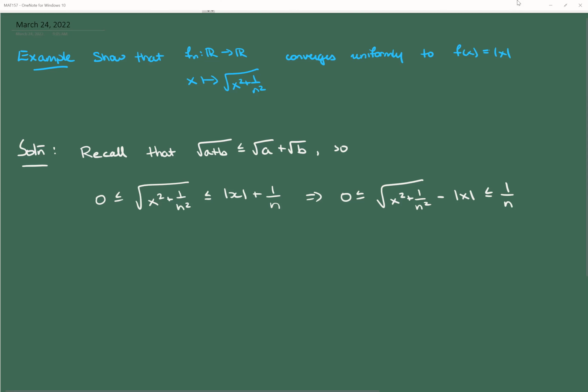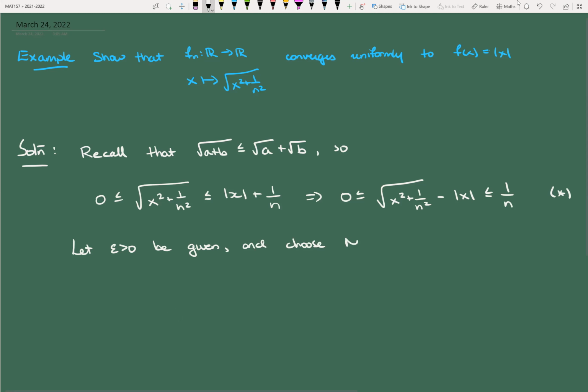So let epsilon greater than 0 be given. Maybe let's give this equation a name. Let's call that star. And choose n in N such that 1 over N is less than epsilon.